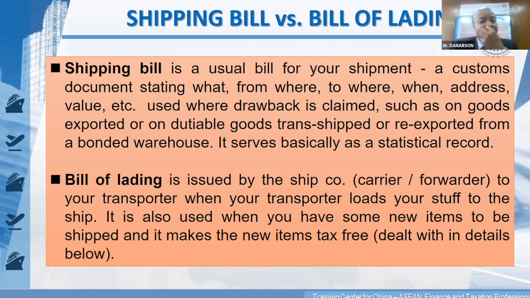The shipping bill is a usual bill for the shipment, a customs document stating what, from where, to where, when, the address of destination, the value, etc. It is used where drawback is claimed, such as for goods exported or goods transshipped. That's a little complicated, but let me make it easy.